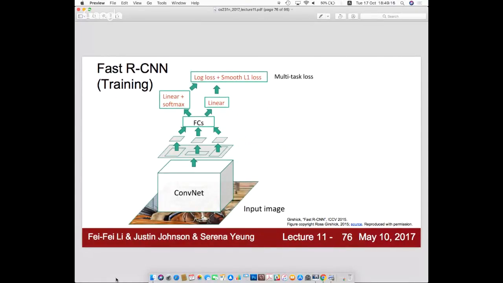The difference between this and RCNN is basically that all the image information goes to the convolution net once. Whereas if you have 2,000 ROIs, RCNN will push it through 2,000 times. So obviously it will be a lot faster than RCNN.